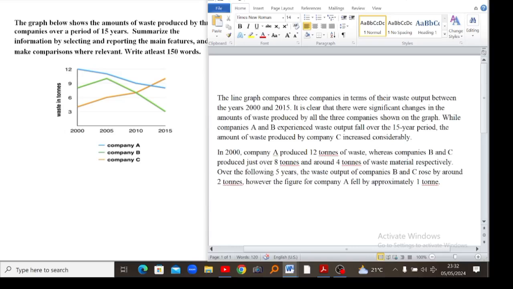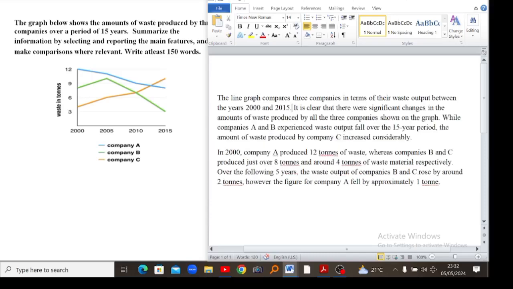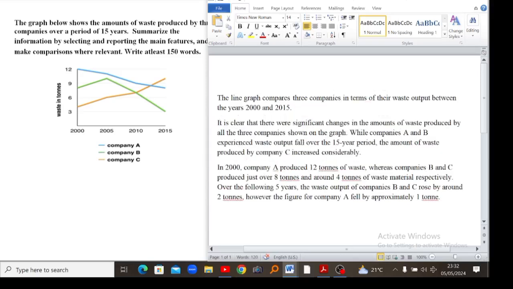You could leave this alone like this, or you could just go back. Either way, provided you state this statement, it's clear that overall it's noticeable that. So let's go to the last one.